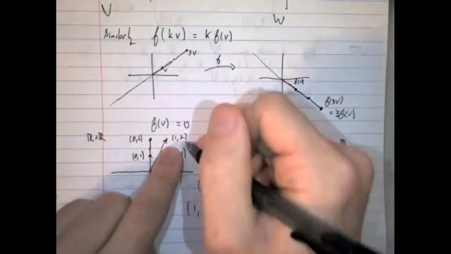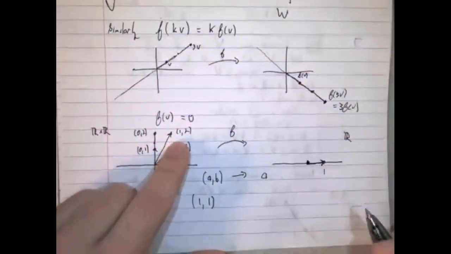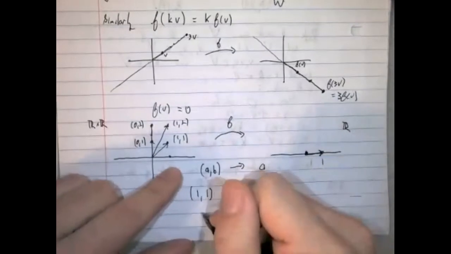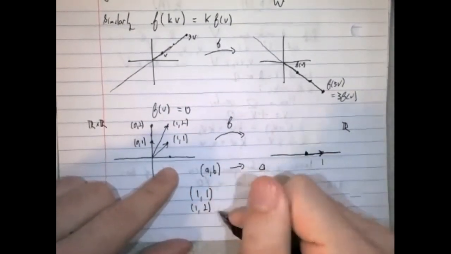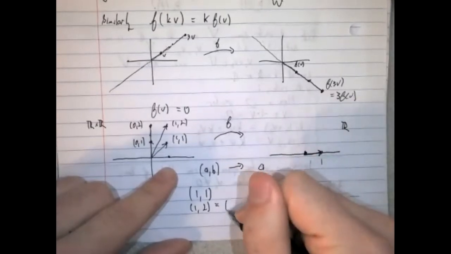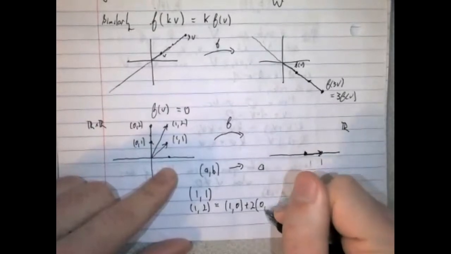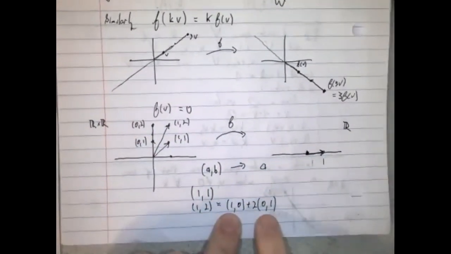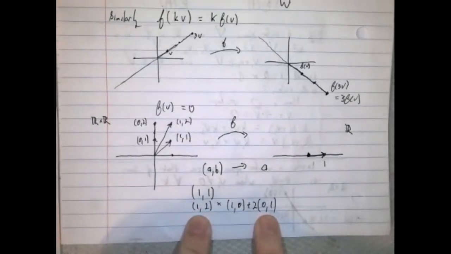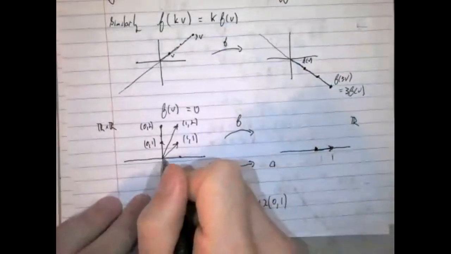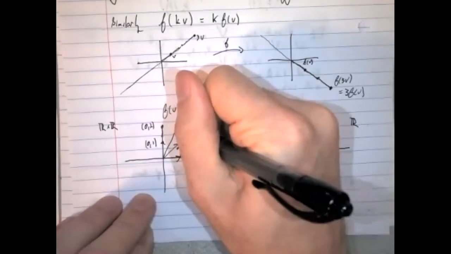And then, since all of these vectors, like 1, 2, let me maybe write this out. The vector 1, comma 2 is equal to the sum of the vector 1, comma 0 plus 2 times the vector 0, comma 1, right? This is writing this vector as one of these vectors and then two of these vectors.